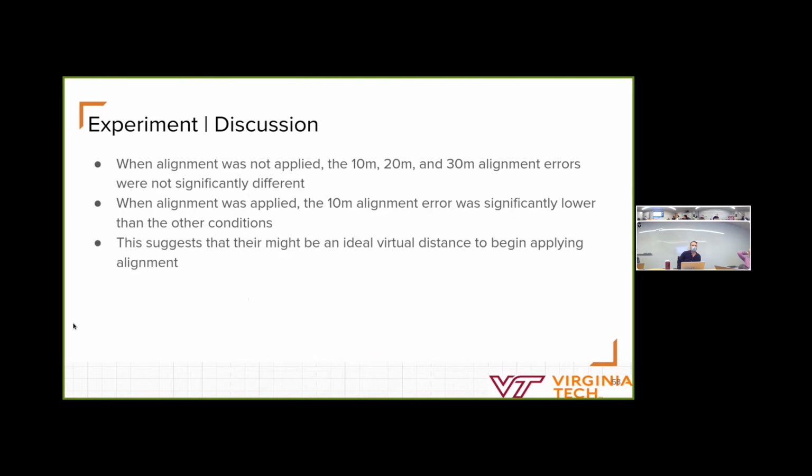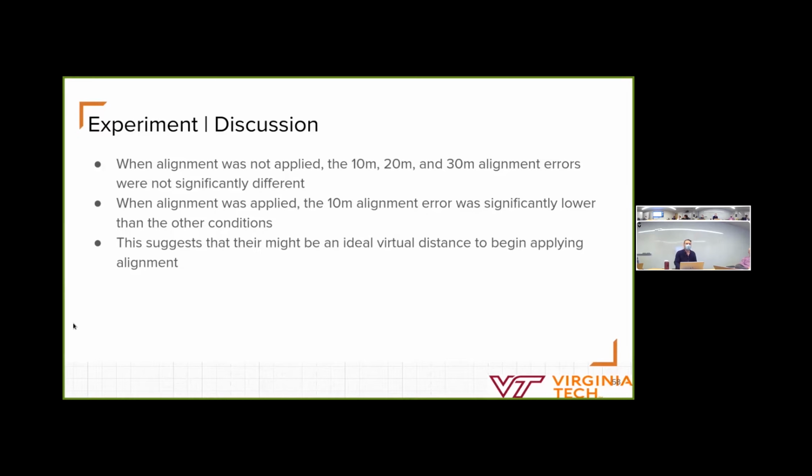And so, one, we learned that when alignment was not being applied and just the avoidance redirection, again, there was no significant difference. But when we did apply it, the 10-meter alignment error was significantly lower than all the others. And so what we learned from this was that there might be some ideal virtual distance when you should switch on the alignment redirected walking if you want to try to achieve this alignment condition.